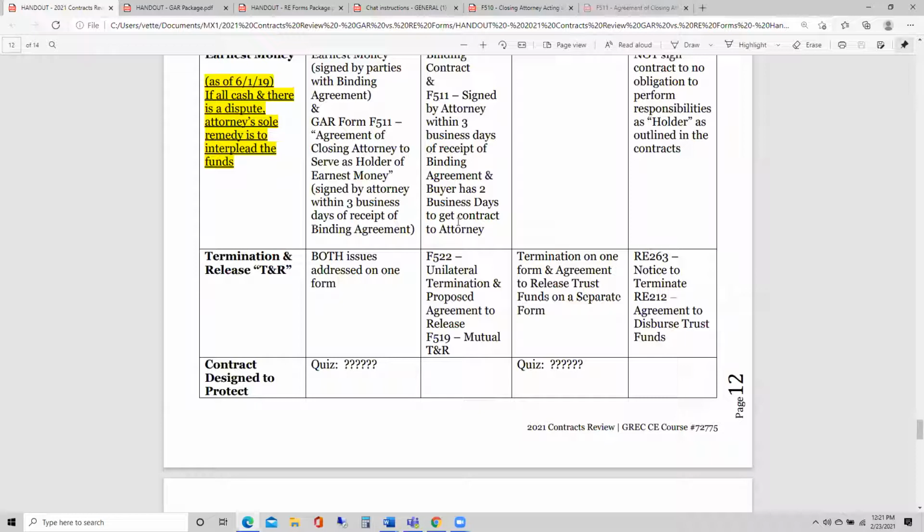They both attempt to be fairly equivalent in terms of the promises and responsibilities and consequences on both consumer sides, both the buyer consumer side and the seller consumer side. But design-wise, they are designed to protect you guys.